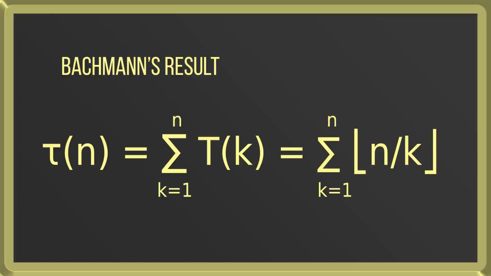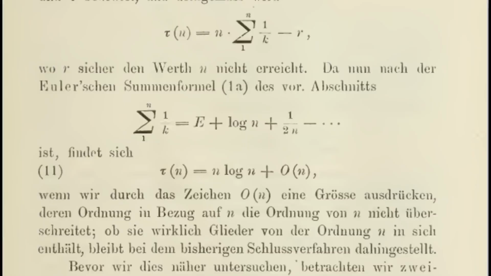He replaced the floor function by a continuous part and a discontinuous part, which was simple to estimate as it was always between 0 and 1. This formula provided the starting point for his argument, which can be seen on page 401 of his book.